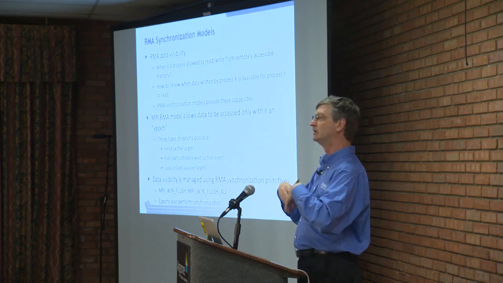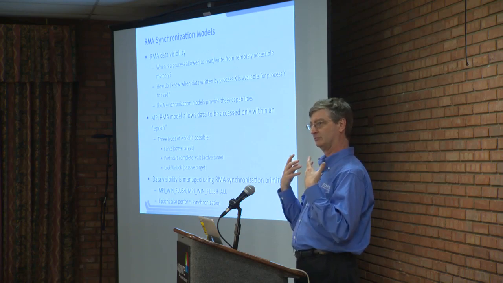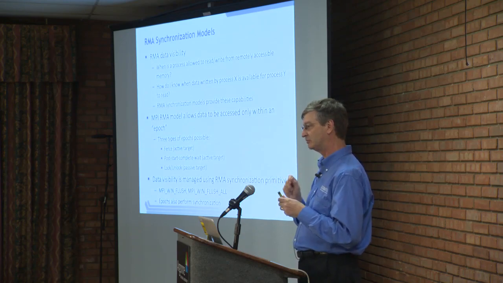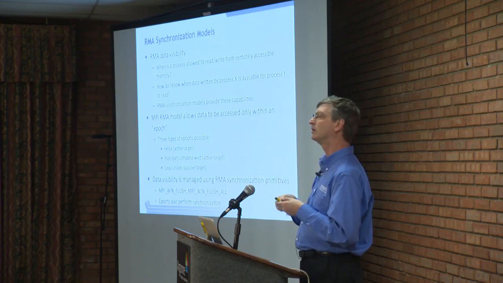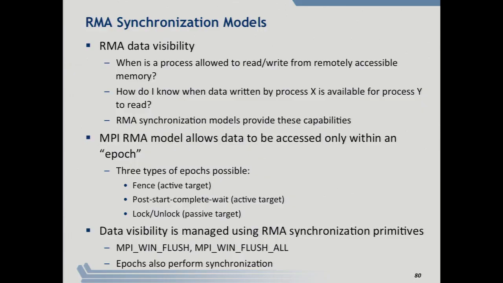I just need to coordinate with processes that I've either been the origin of RMA operations with or the target of RMA operations with. That's why there are four names here. Two of them are start and complete, where you're going to originate RMA operations, and two of them are post and wait, where you're available to be the target of RMA operations.